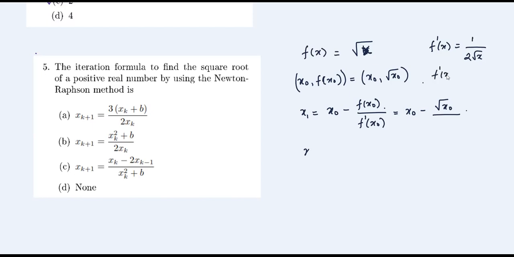So f dash x naught will be 1 by 2 root x naught.